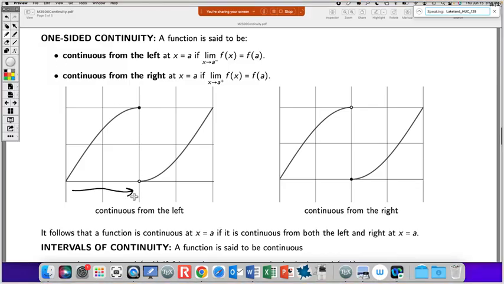As you come in from the left, the graph is going to hit the dot filled in from the left. Continuity from the right, as you come in from the right, the dot is filled in from the right. You see the difference? And if you're continuous from the left and continuous from the right, then you're going to be continuous, period. Okay?